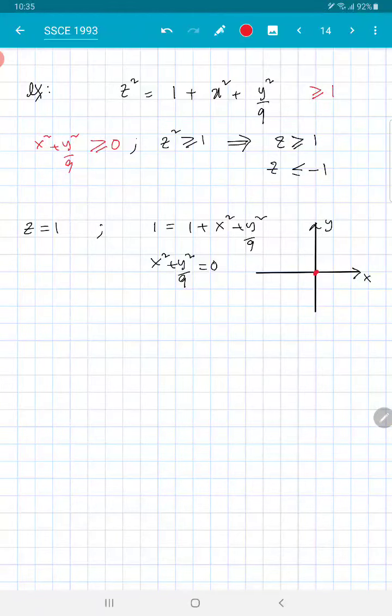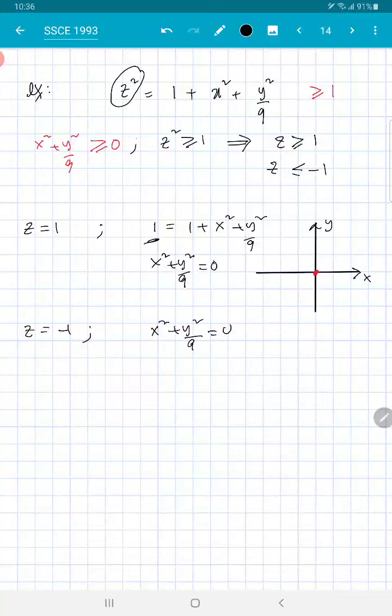And then I'm going to choose z equals negative 1. When z is negative 1, we end up with the same equation, x squared plus y squared over 9 equals 0, because when you square negative 1 you get 1. Simplifying it, we get the same equation.